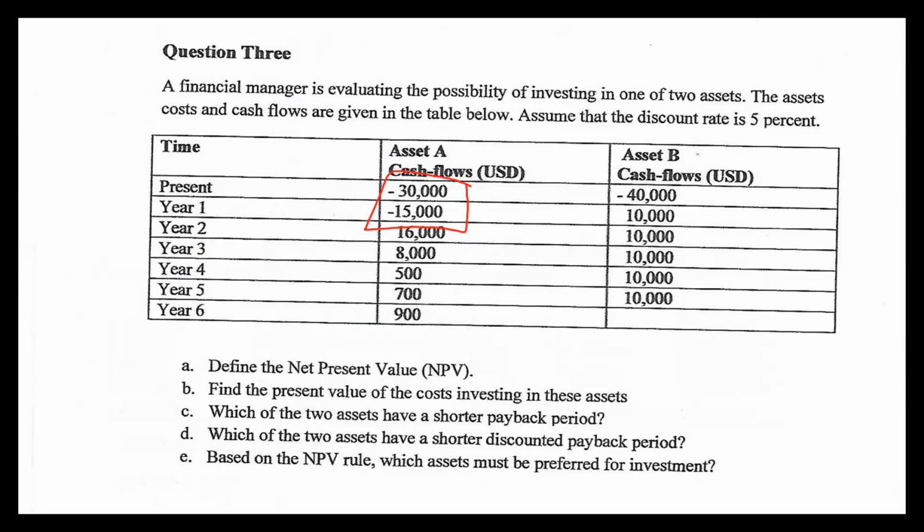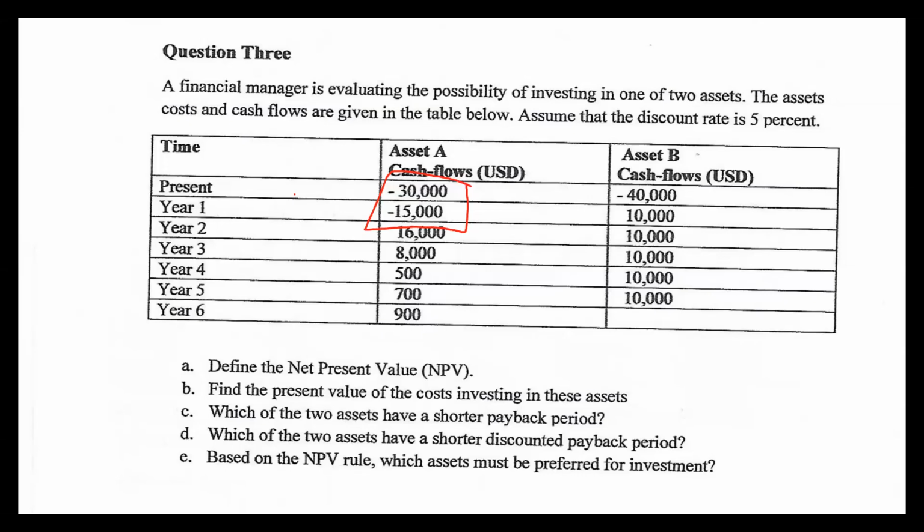So in year 0, you invest 30,000 for asset A, and in year 1, you don't receive anything. Again, you invest another 15,000, making it 45,000. Is that clear? For asset B, you invest 40,000.